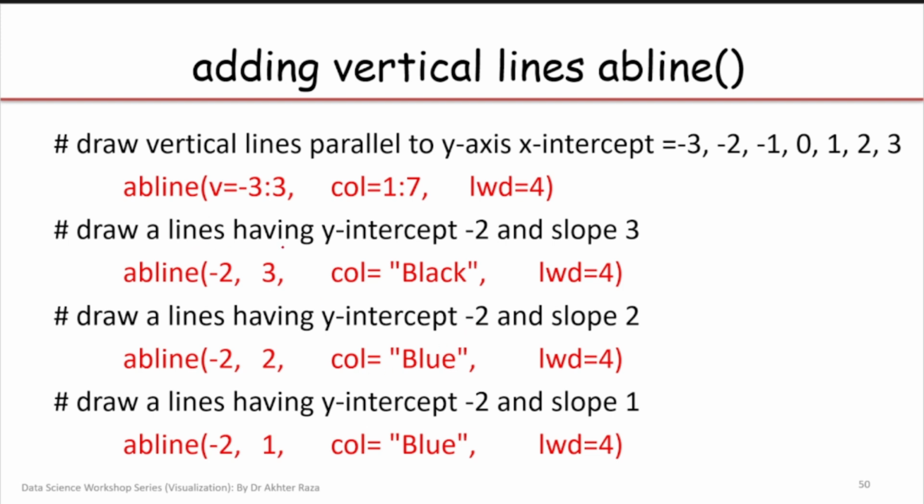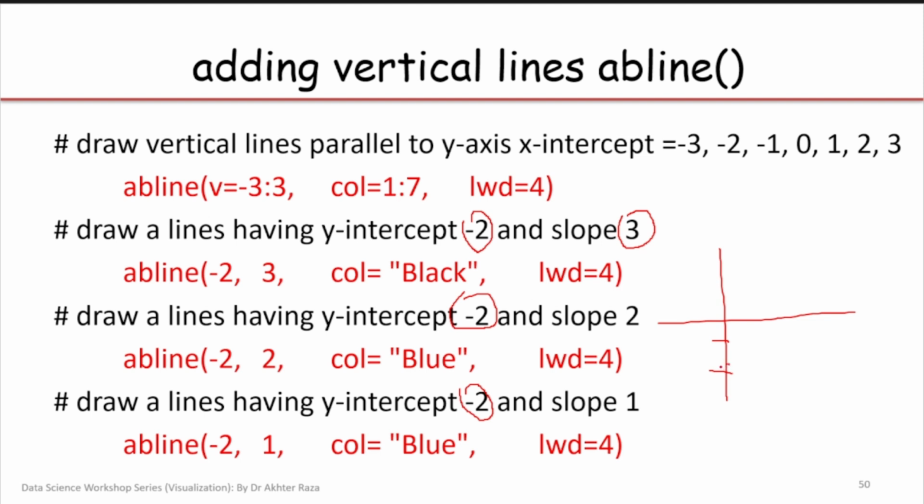Now, draw a line having the y-intercept of -2. These are not horizontal or vertical lines. These are 3 lines which have the same y-intercept. Y-intercept means where the line cuts the y-axis. So this is -1, this is -2.